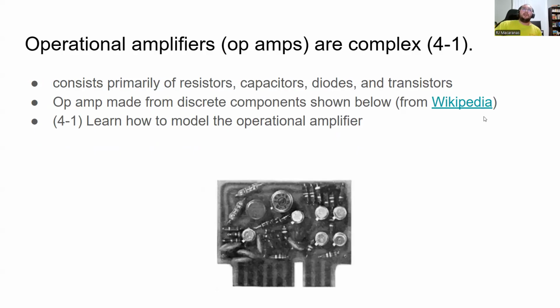So op amps are pretty complex, and this is a picture of a discrete op amp made from different parts. I got this picture from Wikipedia. It's not actually from the textbook, but I think it does a good job of showing what an op amp looks like. Typically, you'll see op amps packaged in silicon with a black case around it.